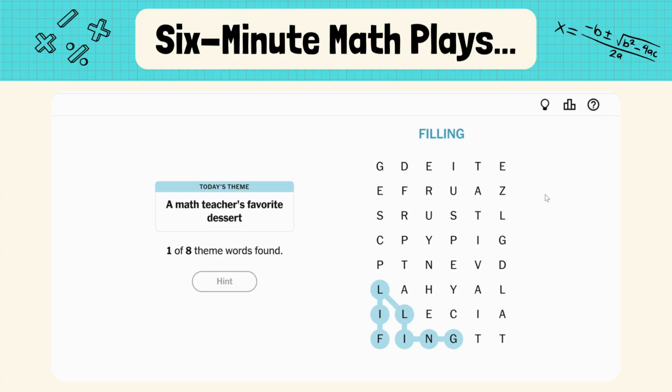What else can I see here? Pads. I'm looking for something to do with pie, and I'm not seeing anything off the cuff.